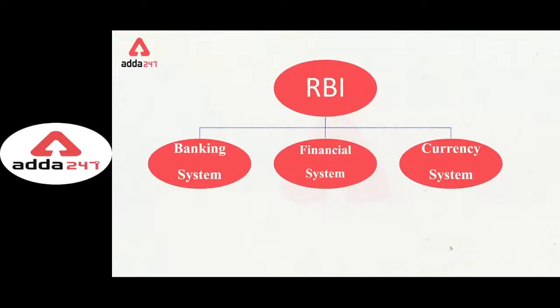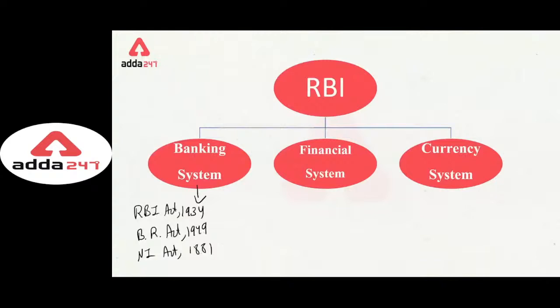So when we are talking about the banking system in our country, RBI regulates banking system with the help of RBI Act 1934, Banking Regulation Act 1949, Negotiable Instrument Act 1881.